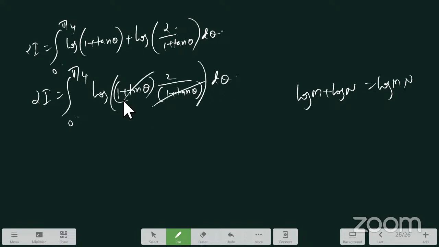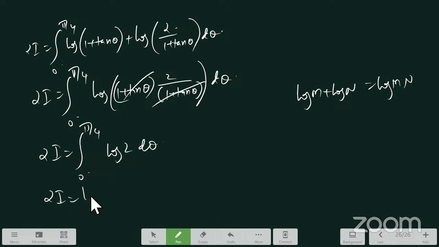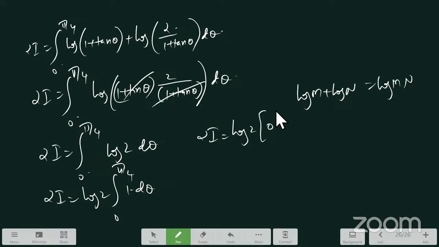Now these two get cancelled. 2I is equal to the integral from 0 to pi by 4 of log 2 d theta is left out. So 2I is equal to log 2 outside, integral from 0 to pi by 4 of 1 d theta. Integration of 1 means theta, with respect to d theta, from 0 to pi by 4.